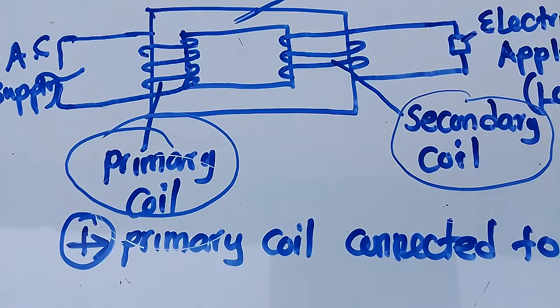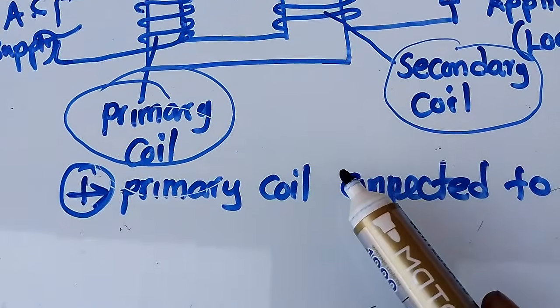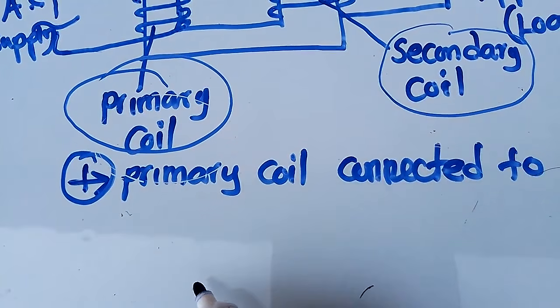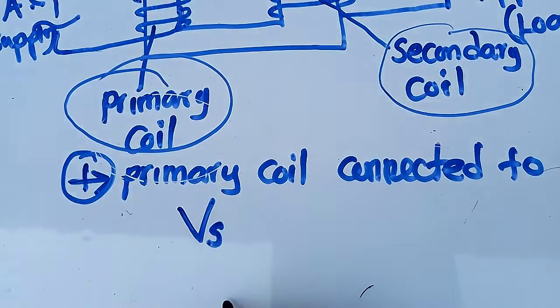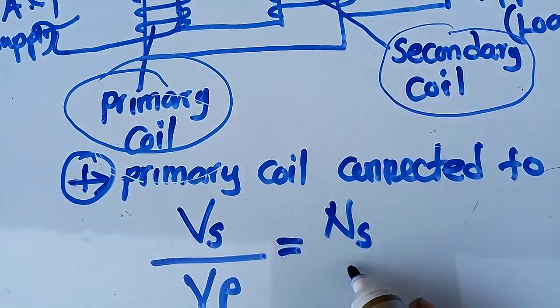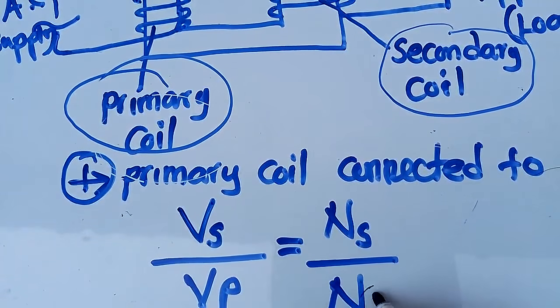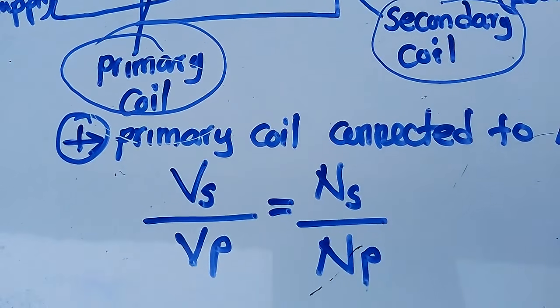So there is a specific formula that we use whenever we are talking about how these are related. We say voltage in the secondary coil over the voltage in the primary, which is equal to the number of turns in the secondary over the number of turns in the primary.